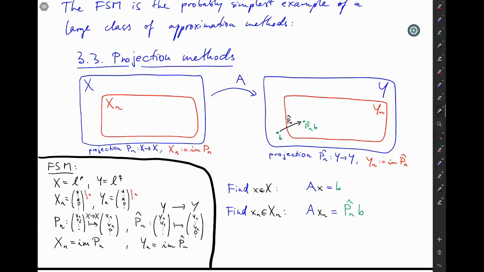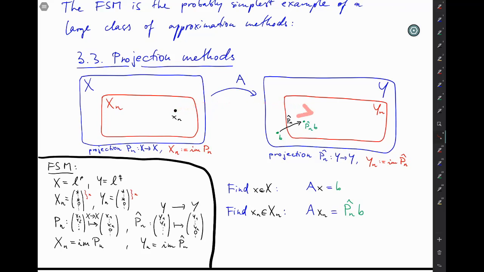Okay, but then starting from somewhere here, let's say little xn in capital Xn, there is no reason to assume that the image of that point is automatically in the subspace Yn, because your subspaces Xn and Yn naturally have nothing to do with the operator A, so there's no reason why elements from Xn should be mapped over to elements in Yn.